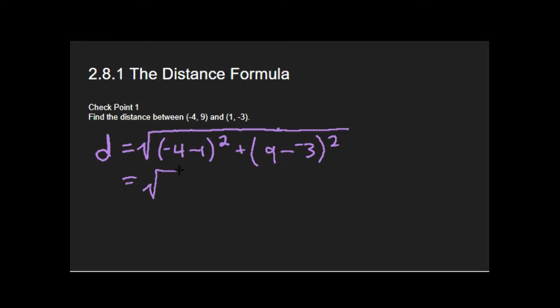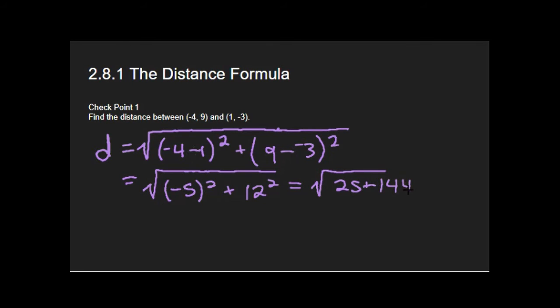We get the square root of -4 minus 1 is -5 squared plus 9 minus -3, that's 9 plus 3, so that's 12 squared. That equals the square root of 25 plus 144.